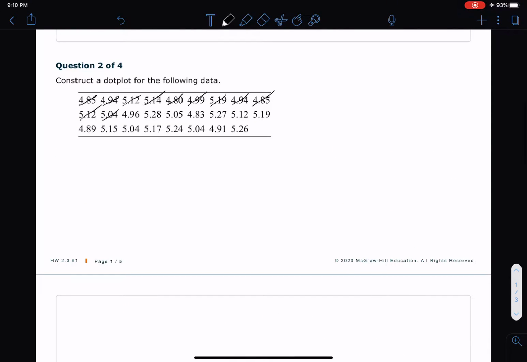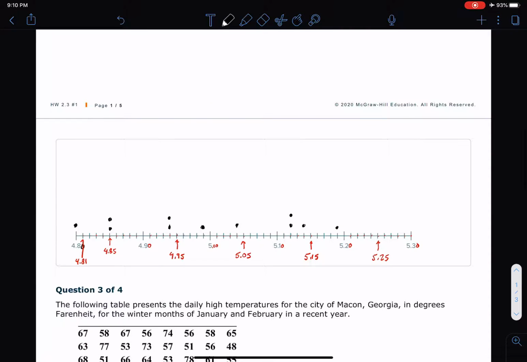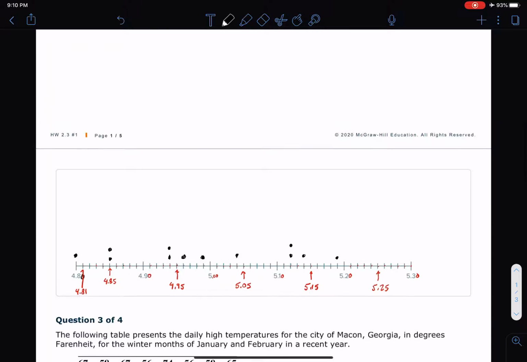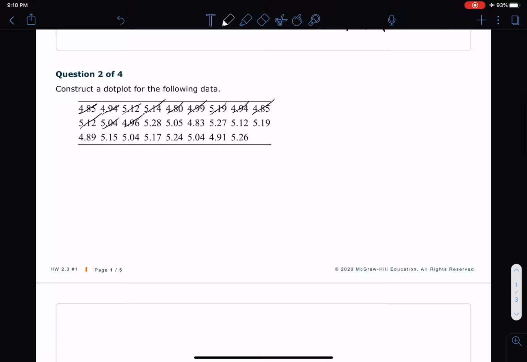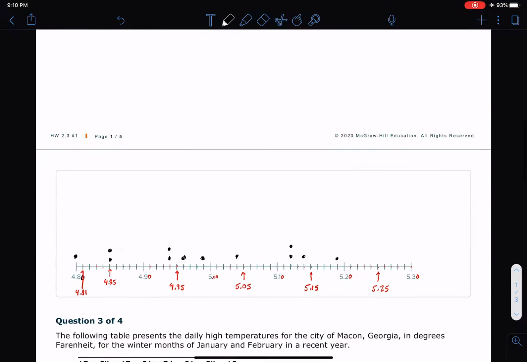You can speed me up if you want. 496. 496 is one more than 495. 528. 528. So there's 25, 26, 27, 28.